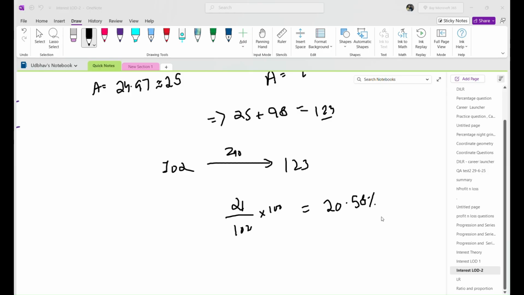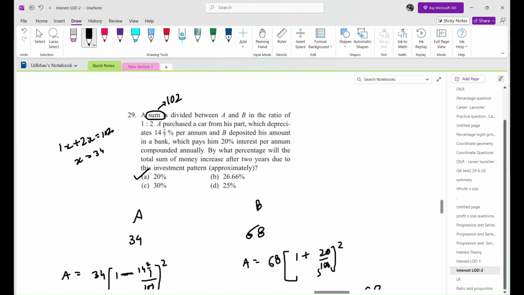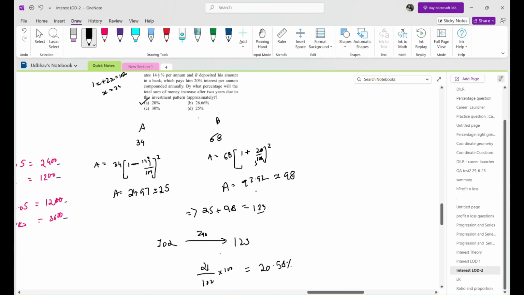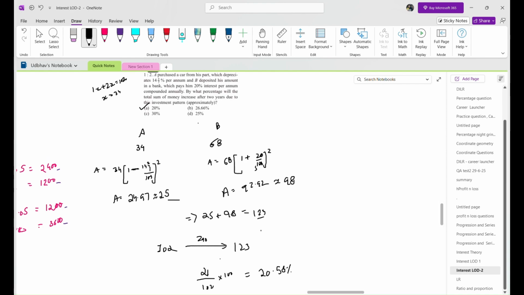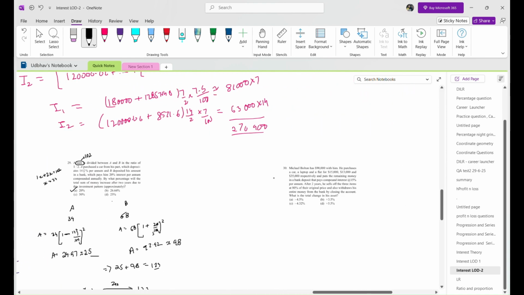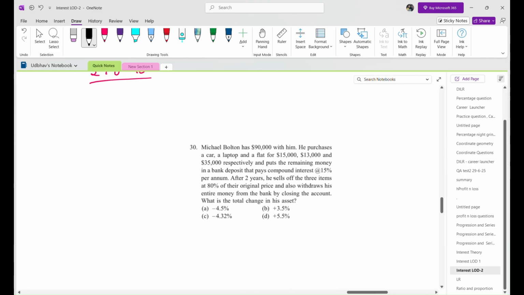Which question is it? 29. Answer is A. Yeah, 20%. That is correct. 20.58 we are getting because we approximated this thing here. So yeah, a little bit of approximation.